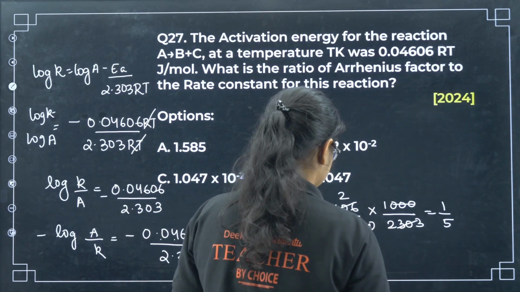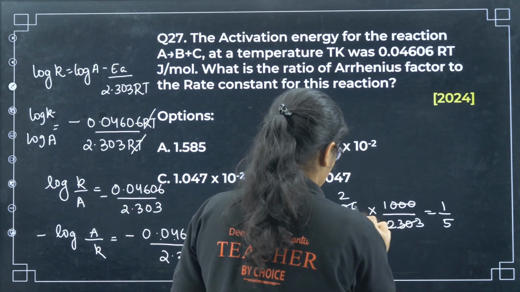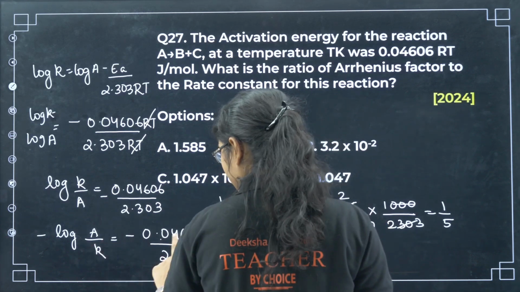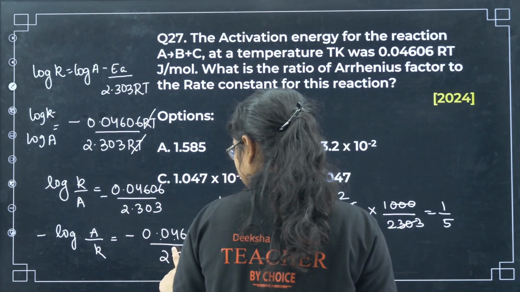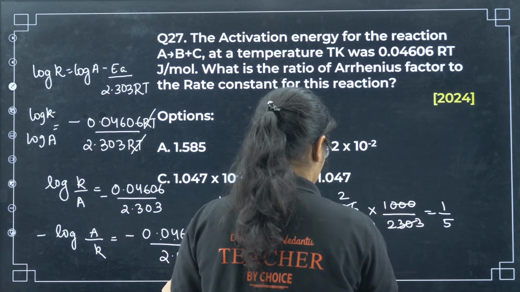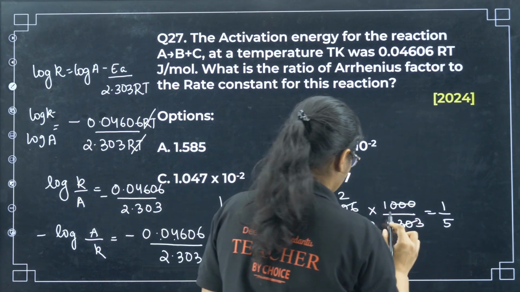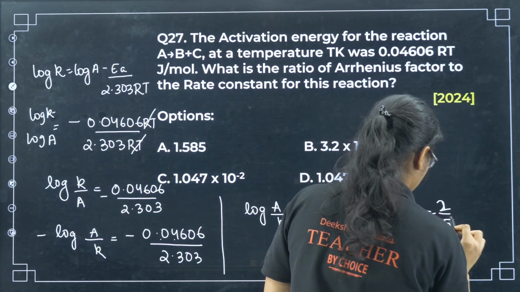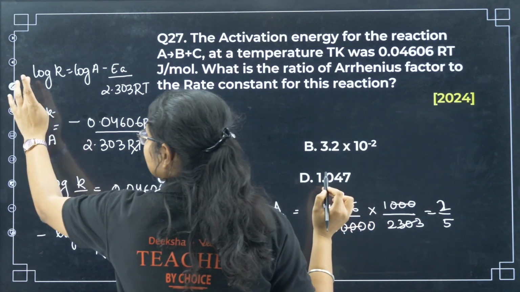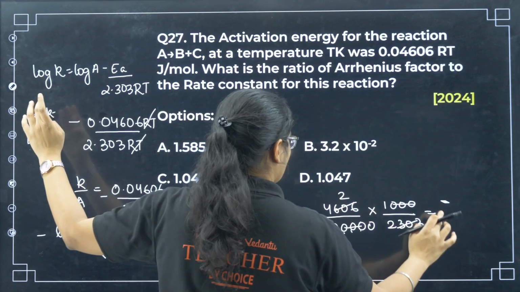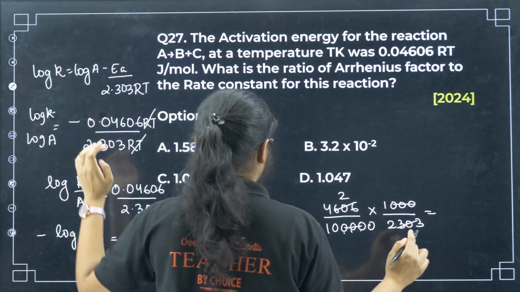So I will get 4.606 and this side 1000, so I got 2 by 100, let me just solve it, or I'll get 1 by 50, right?